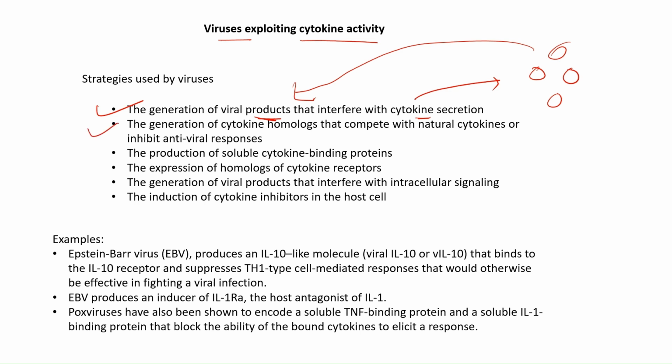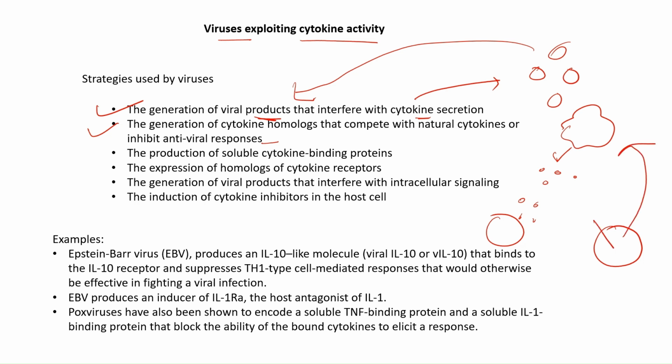Now, the second strategy is generation of cytokine homologs that compete with natural cytokines or inhibit the antiviral response. Now, this is the cell which produces cytokines. Whenever any virus attacks our body, it will produce molecules similar to cytokines. Say, for example, a T cell should come and kill the virus.